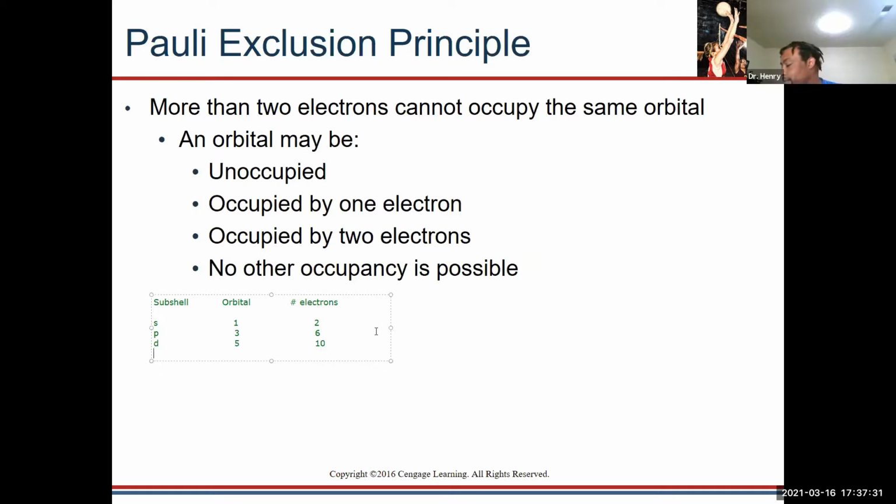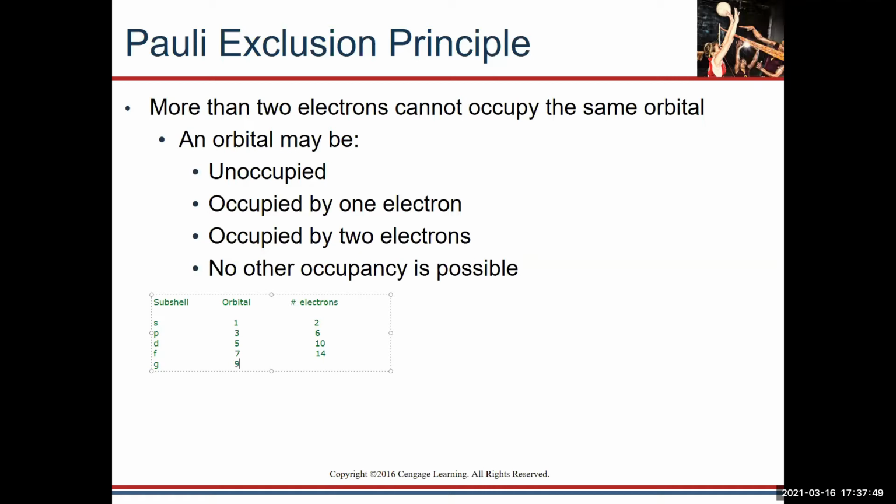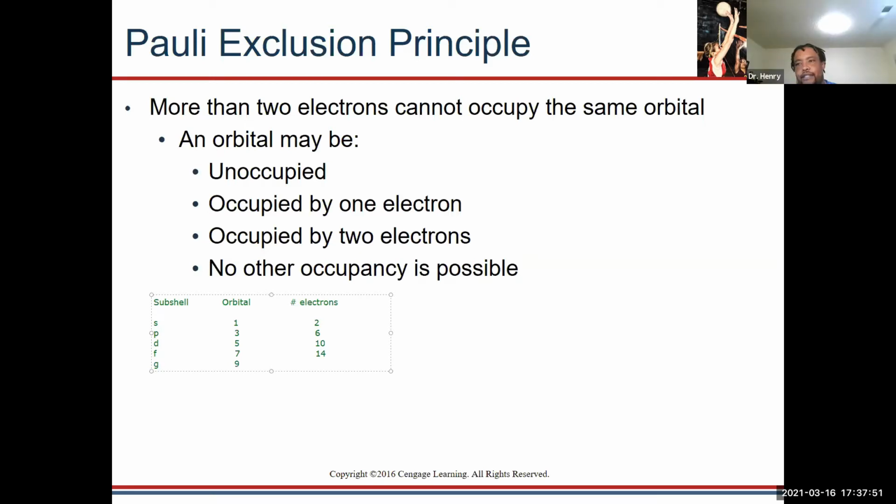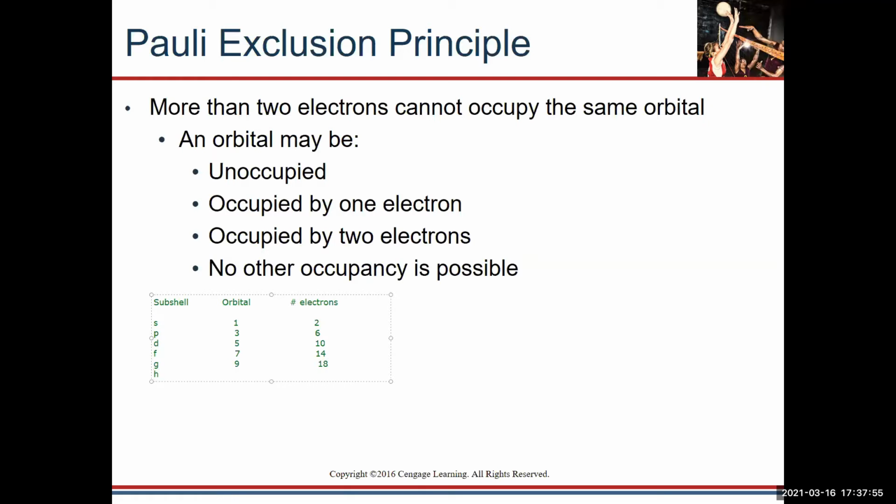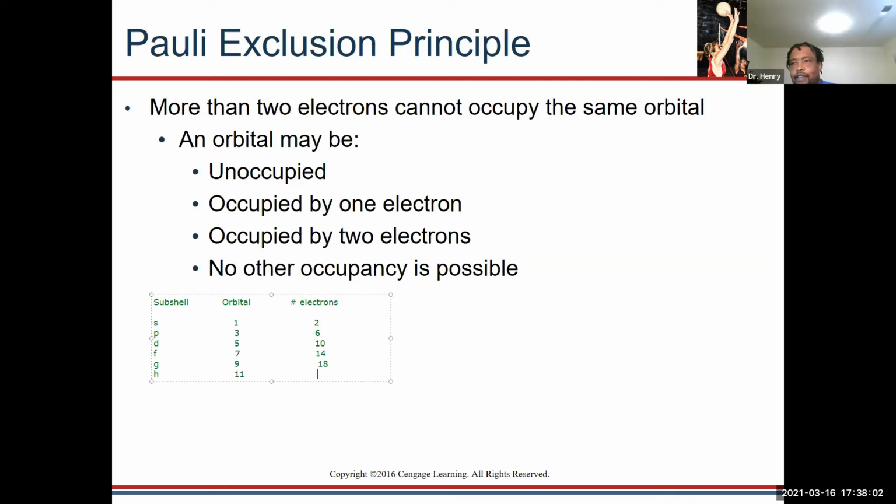Then we have F. How many orbitals? 7. And how many electrons can it hold? 14. Okay, if there was a G, how many orbitals would you expect that to have? 9. It would hold how many electrons? 18. And if there's an H? 11 orbitals, 22 electrons.